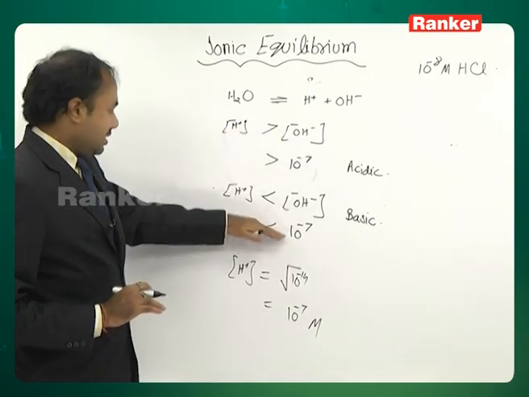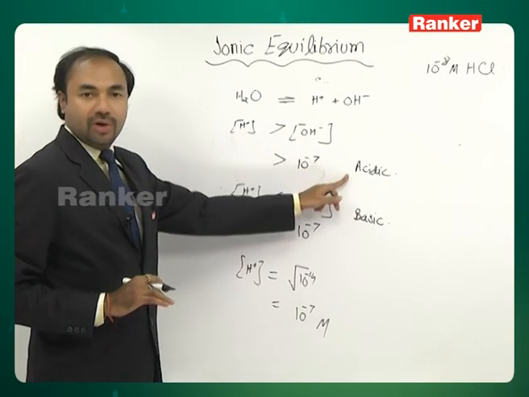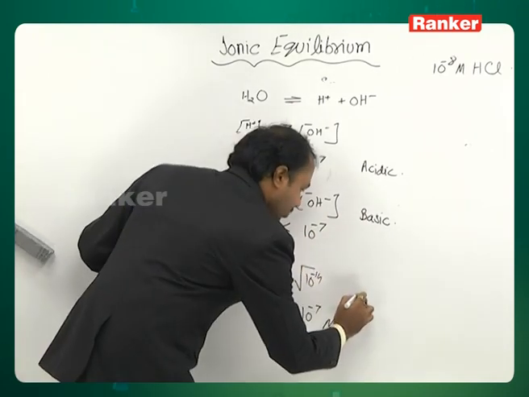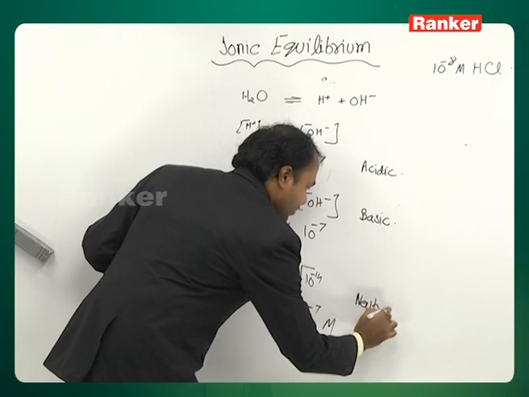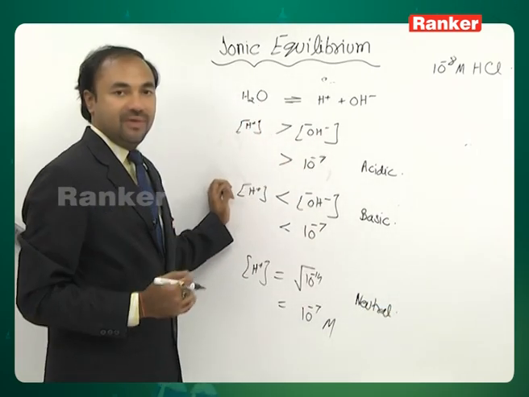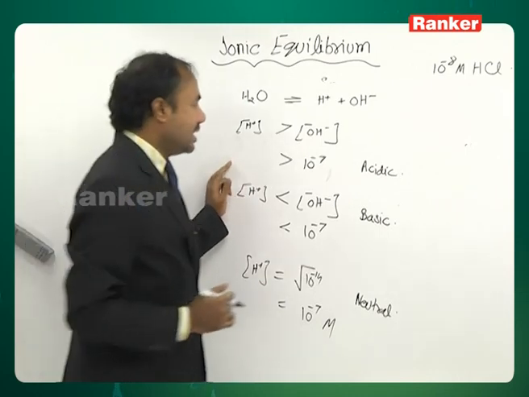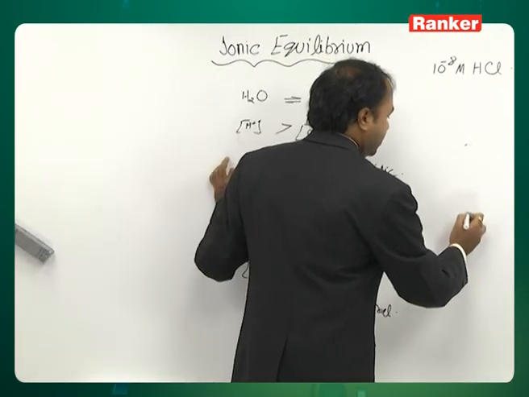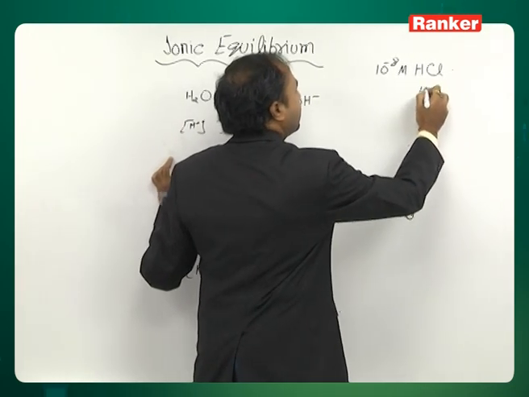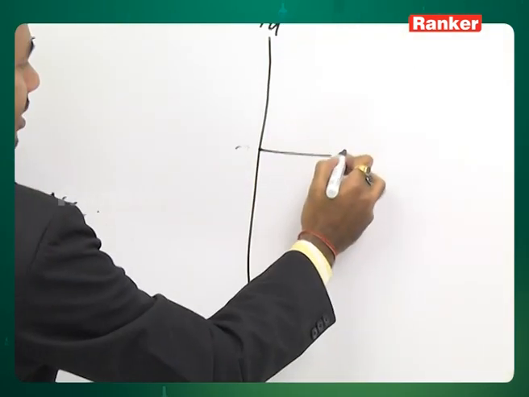Based upon this condition, this is the condition for acidic solution, this is the condition for basic solution, this is the condition for neutral solution. Based upon this, at 25 degrees Celsius, a scale is given which is known as the pH scale, and this pH scale starts from 0 and goes up to 14. In between we will have 7.